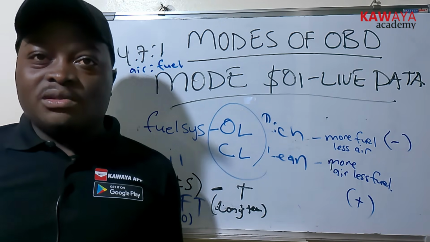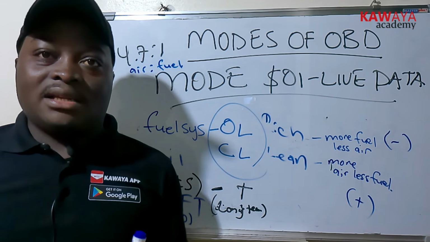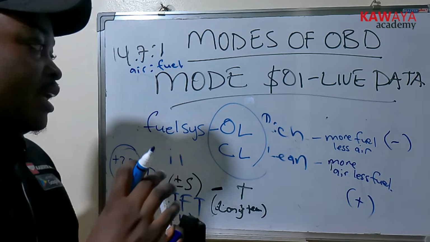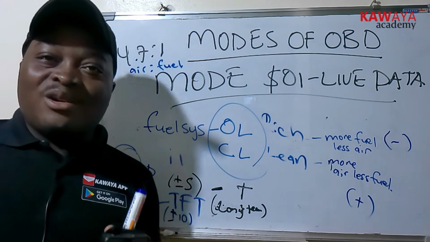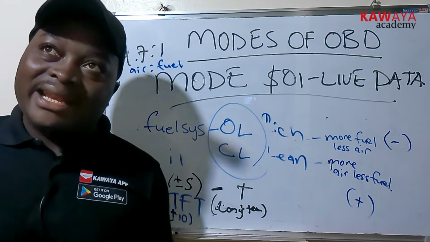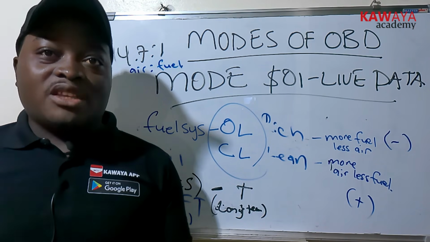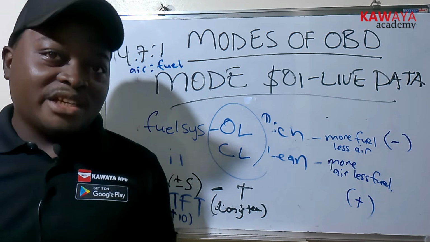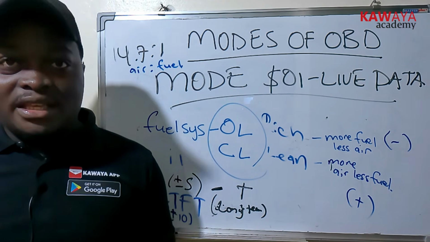If a vehicle is using sensor data to trim the fuel, that is what we call a closed loop. In a closed loop, fuel delivery entirely depends on feedback from different sensors, so that the ECU can trim the correct amount of fuel delivered to the engine.